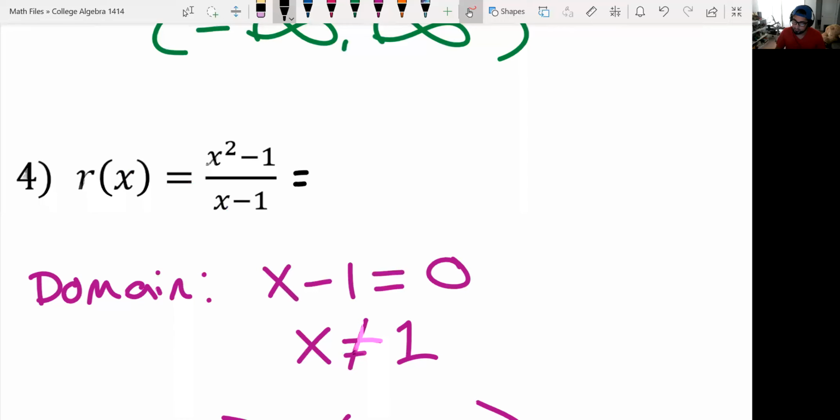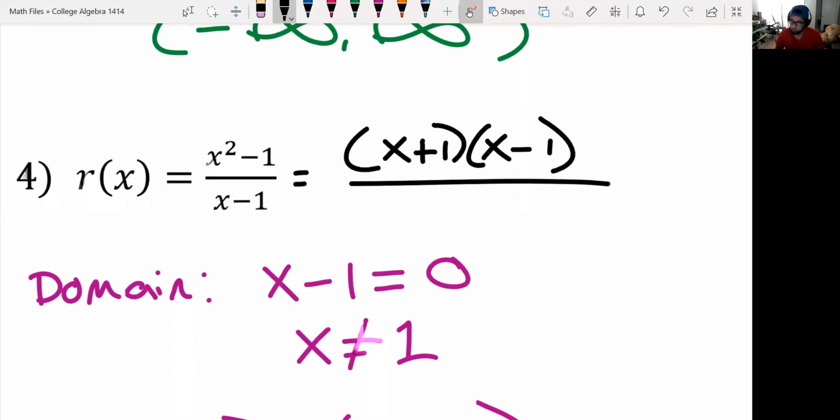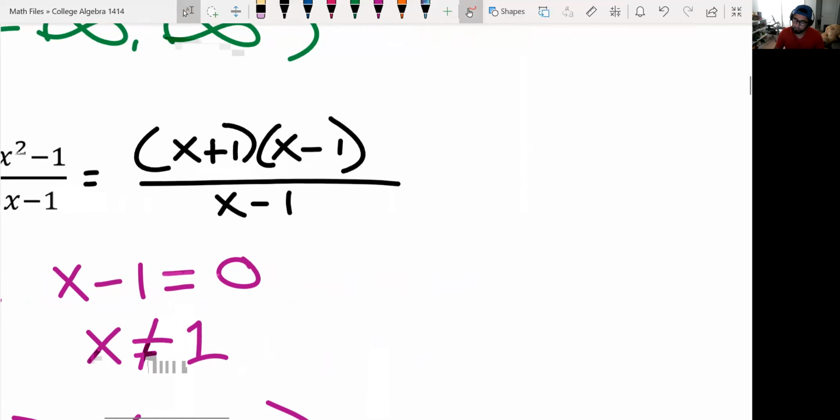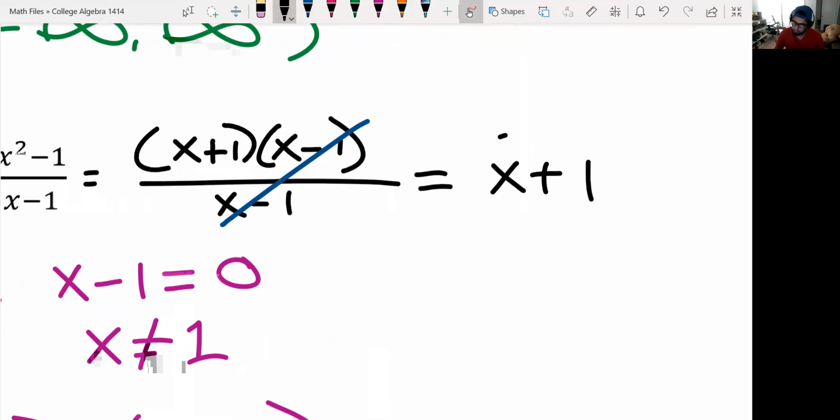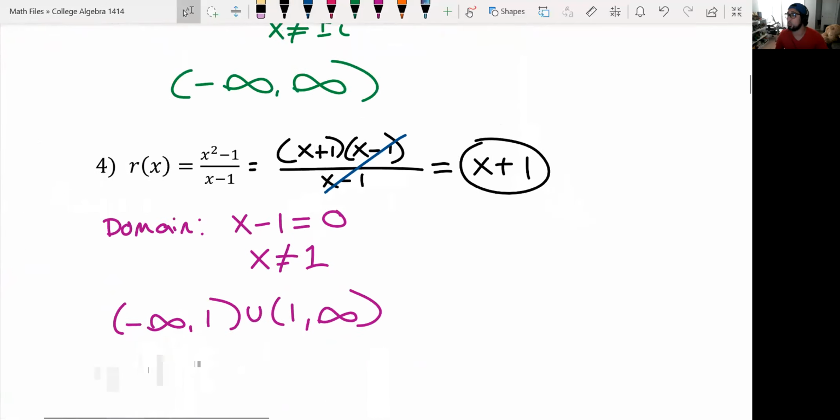If you factor this, you get x plus 1, x minus 1 over x minus 1, where your x minus 1s will cancel and give you a new function of x plus 1.